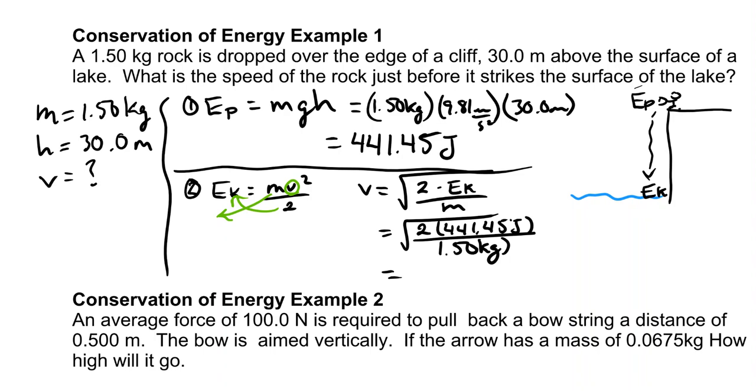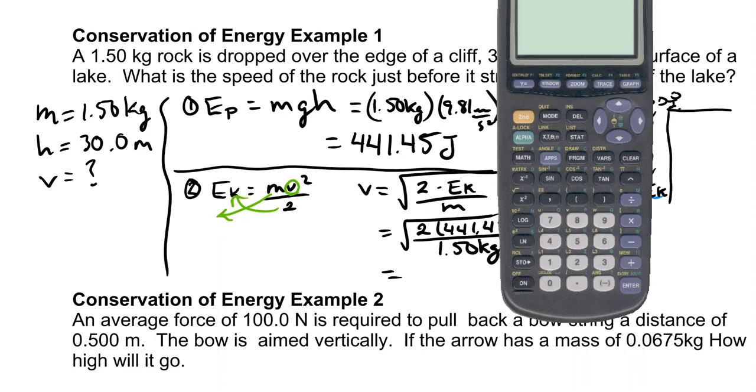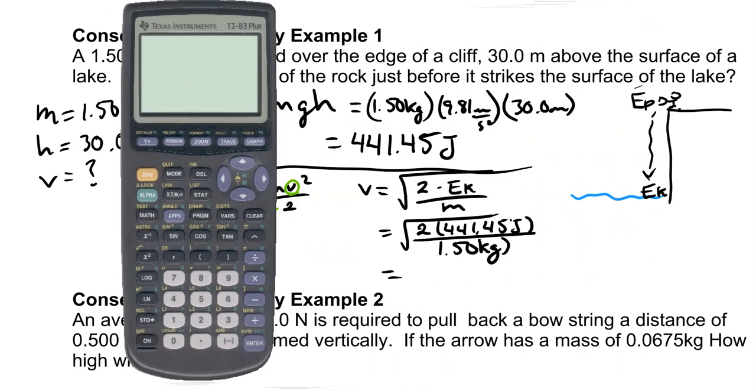I am going to show you this on the calculator, because I think some people are doing this just a little bit wrong. You could do it in a couple of different steps. You could go 2 times 441.45, and then divide by 1.5.